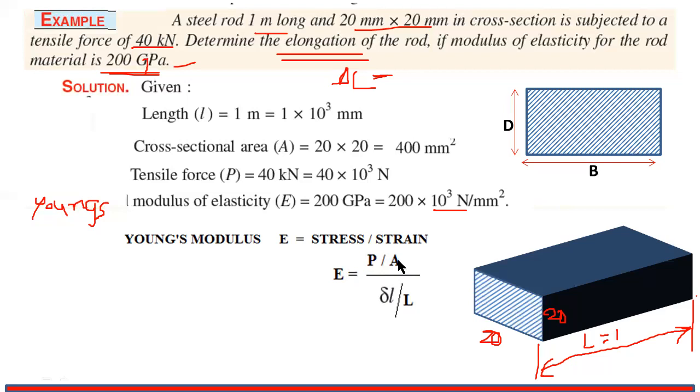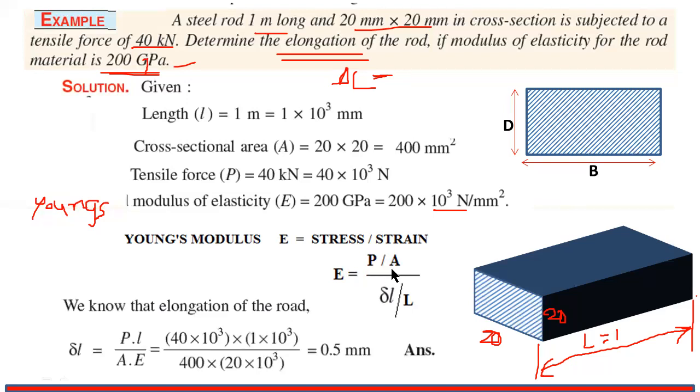First of all, you have to find the cross-sectional area of this rod. This is a square rod, so the cross-sectional area A equals 20 by 20, that is 400 square mm. Here we only don't know the value of delta L, that is change in length or elongation or extension.